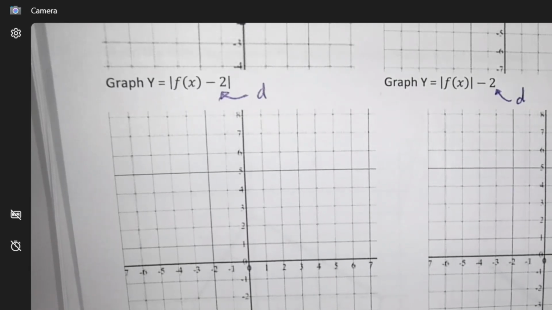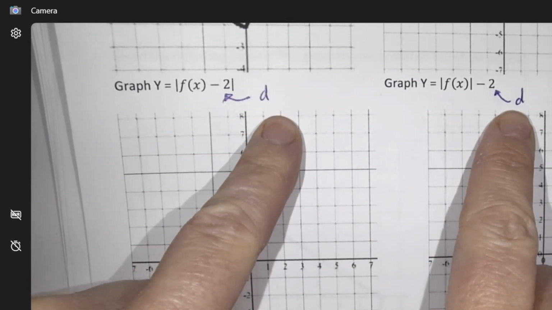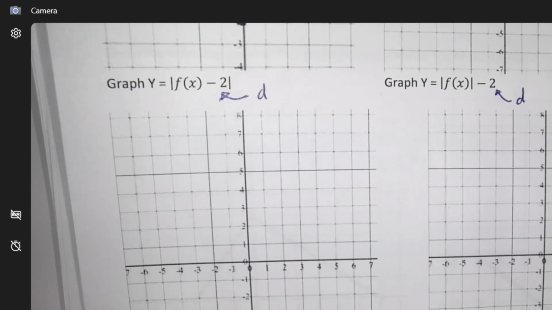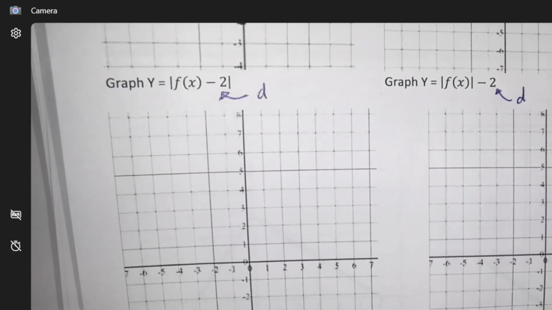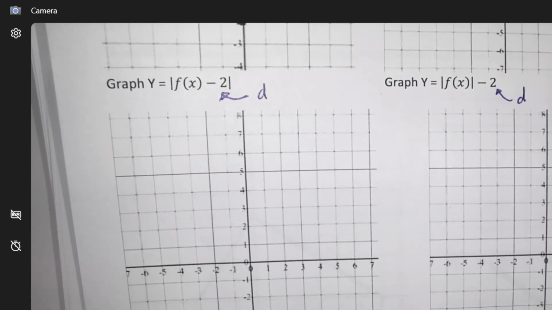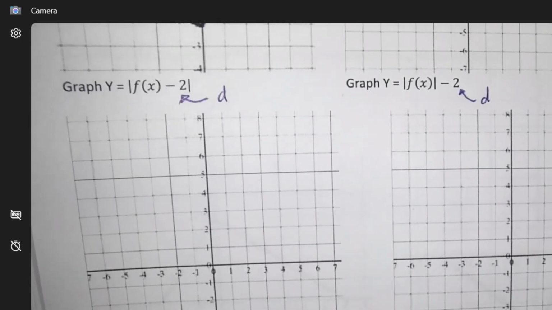Okay, so we have absolute stuff going on, and we have a D going on both of them. But they're completely different. So what's going to be different about these things? Order. The order is going to be important.